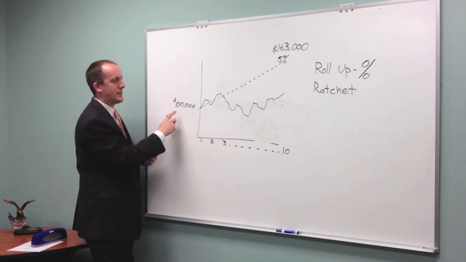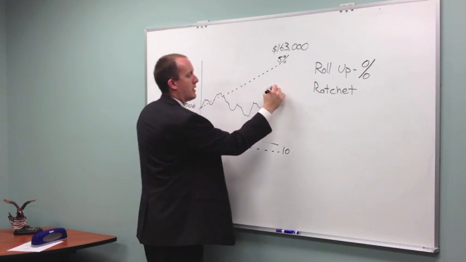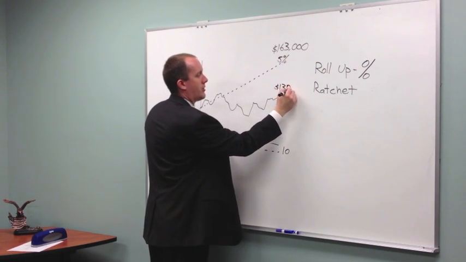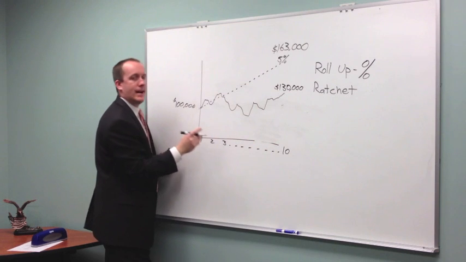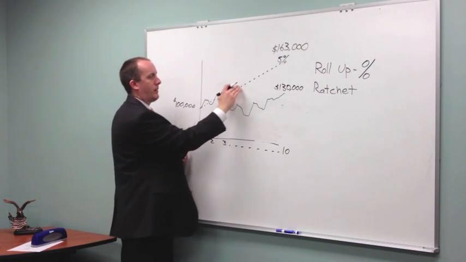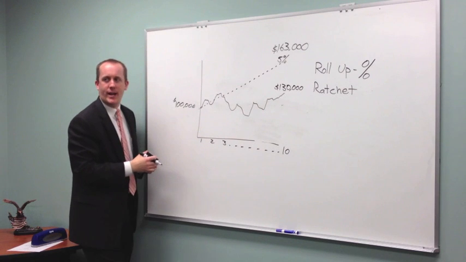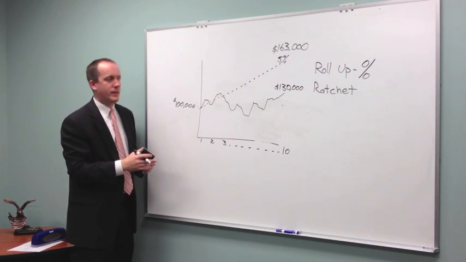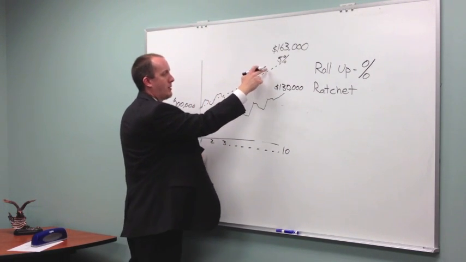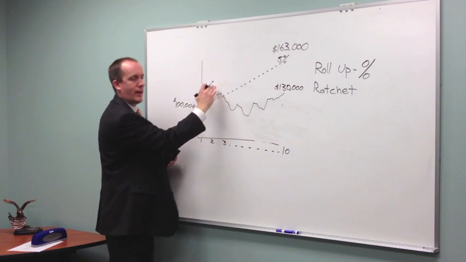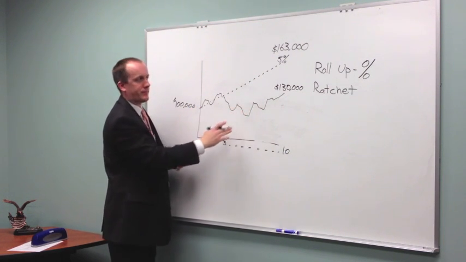In this example, let's say that the $100,000 turns into $130,000. Now notice how the roll-up is completely independent of the account value. That's the key. The roll-up keeps compounding whether the investments are going up or going down.